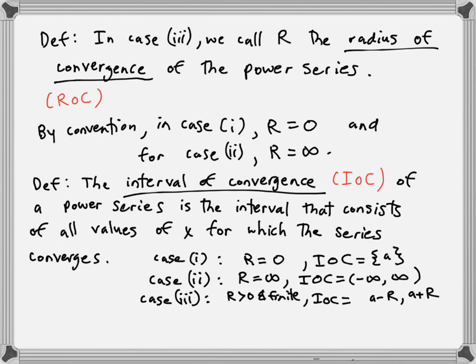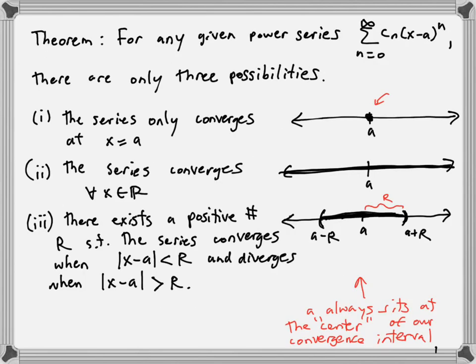Well, we haven't talked about the edge cases yet, right? So question. Or if you look, I wrote very carefully, I said it converges when this guy is less than r, and it diverges when that guy is bigger than r, but I never said what happened when it equaled r. So in other words, what happens here and what happens here, right at the edge?